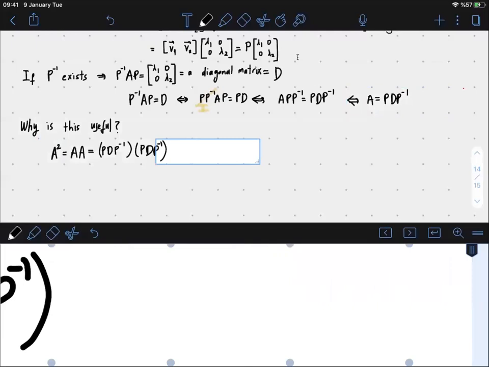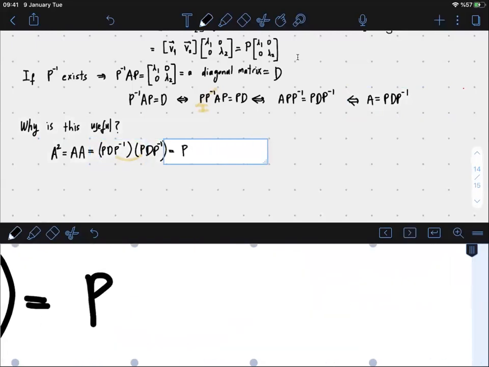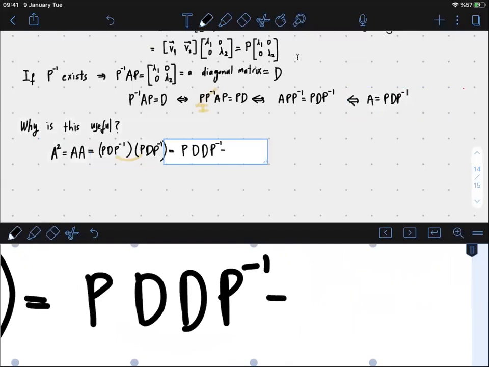For matrix products, the parentheses have no importance, so you can ignore them. You get P inverse times P here, which is identity, so that part is gone. What do you have? P times D times D times P inverse, which is basically P D squared P inverse.